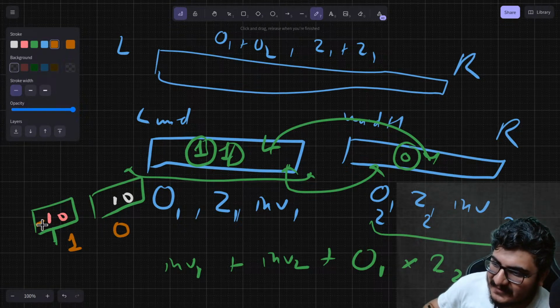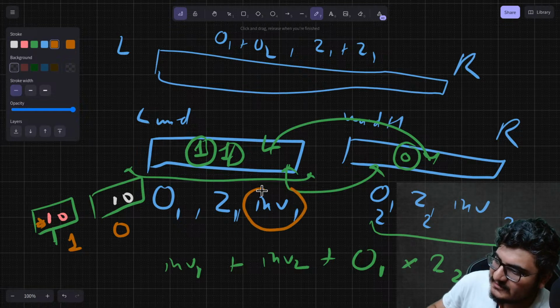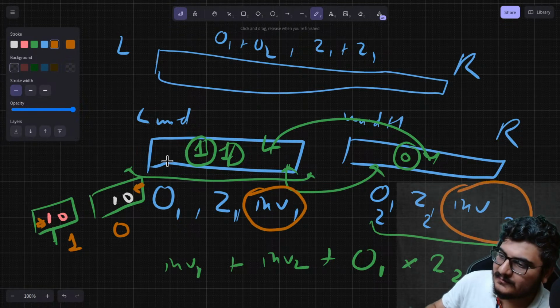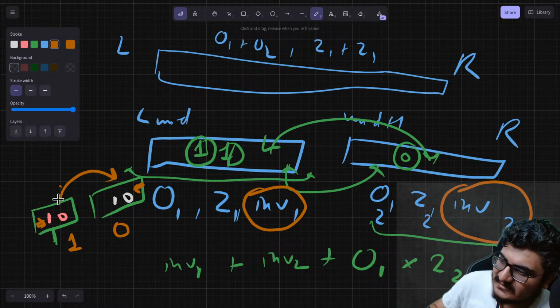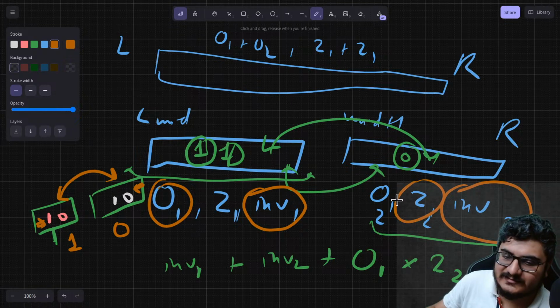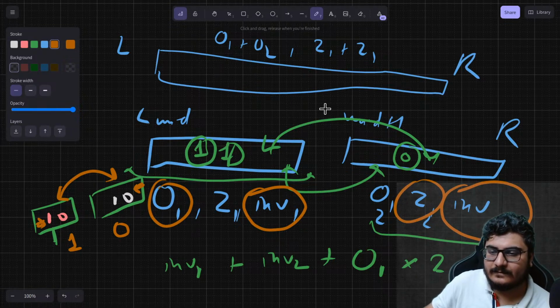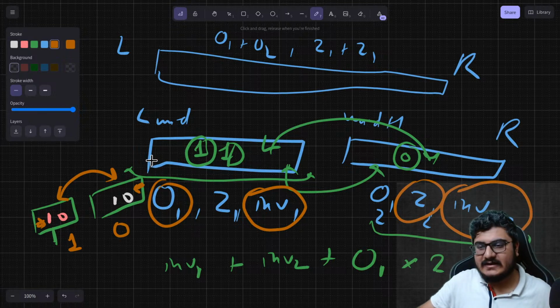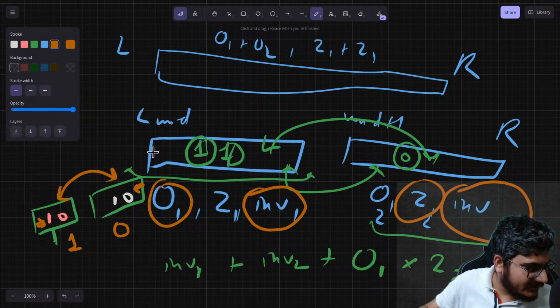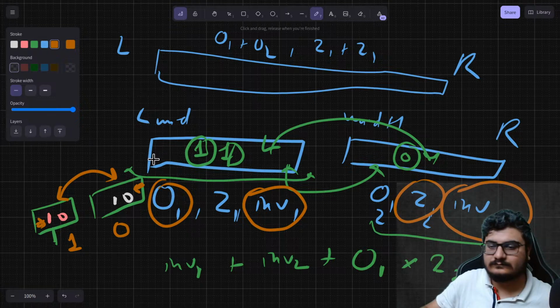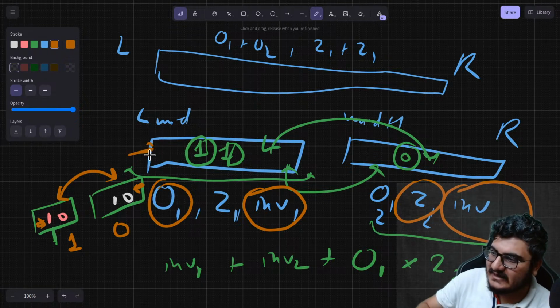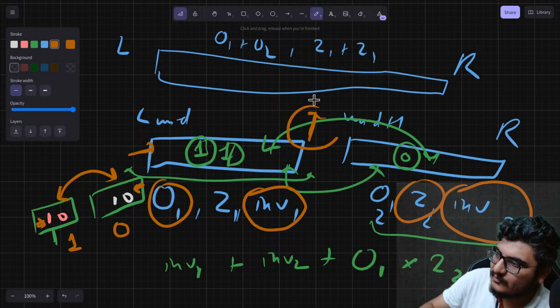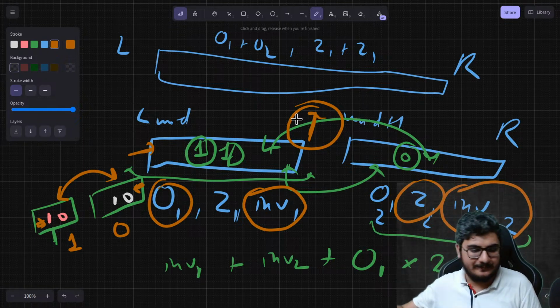All the pairs like this would already be taken care of in this INV count, all the pairs like this would be taken care of in this INV count, and all the pairs like this would simply be the number of ones in this part multiplied by the number of zeros in this part. This idea is not order n square, and that is how you build a segment tree build function over here, and you will be able to solve the problem.